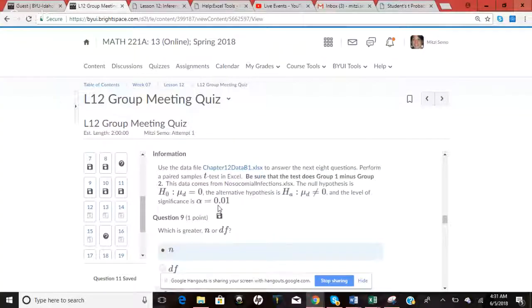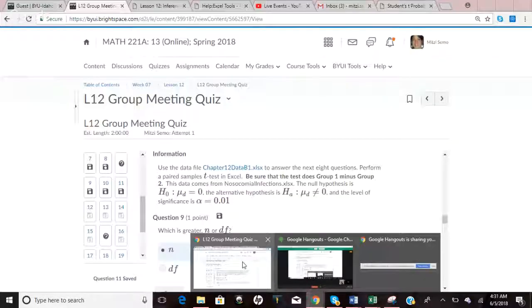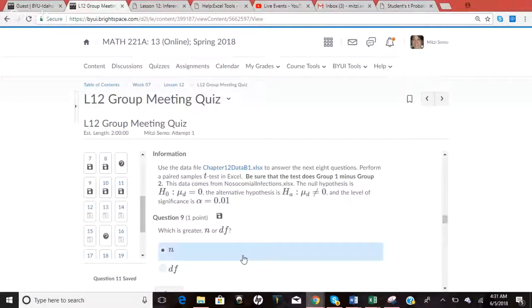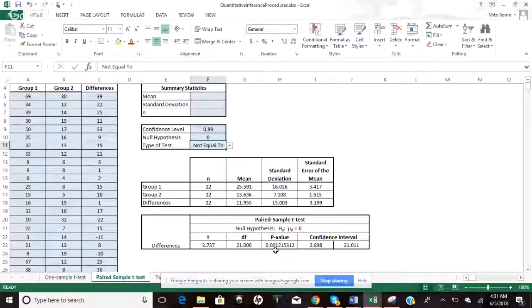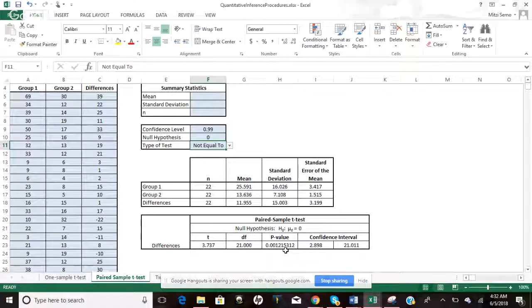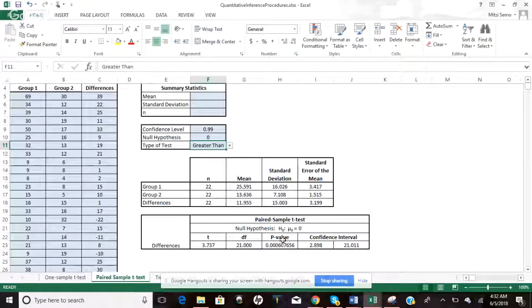The first one was that it was not equal to, and it was 99. So, whoops. So this is not equal to, and it's still 0.001. And now the second is that the alternative is greater than, so it's still 0.001.